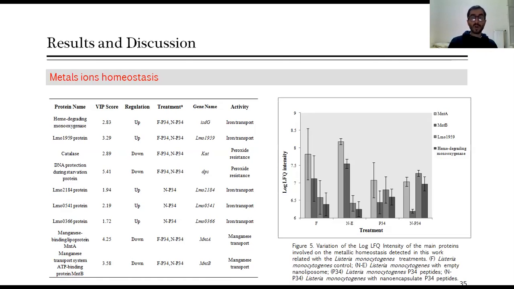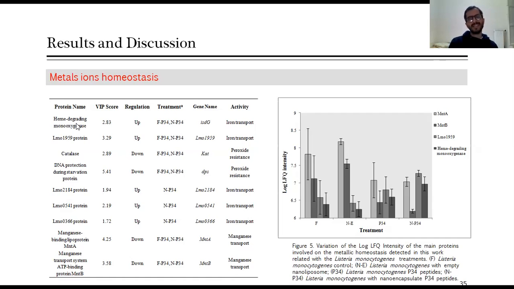They were strongly downregulated in both treatments with P34, but this action comes especially from the samples where free antimicrobial peptide P34 was introduced in the Listeria culture.